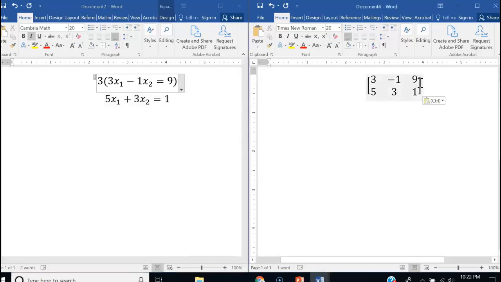Notice what that does over here. It's basically taking 3 times the top row, adding it to the second row, and replacing the second row.